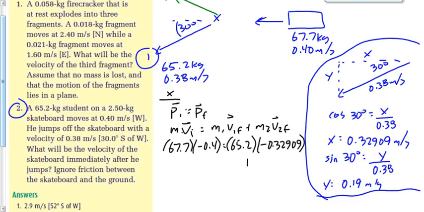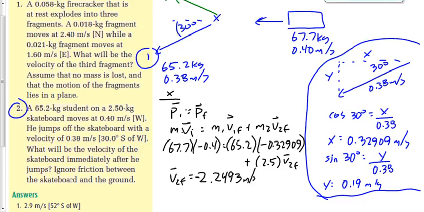Object number 2 has a mass of 2.5 kilograms times V2F. That allows me to find the x component of the final velocity of the skateboard. We do that, we get negative 2.2493 meters per second.